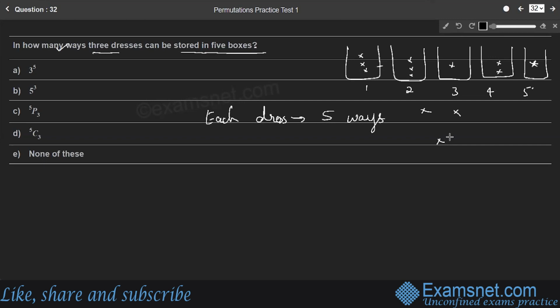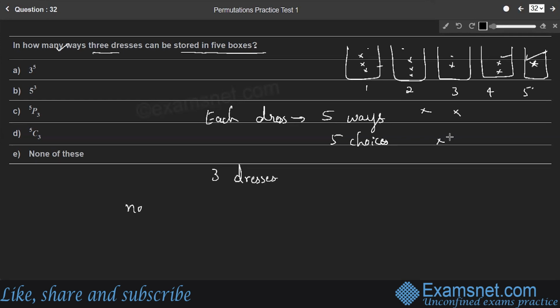Each dress can be stored in the first box, second box, third box, fourth box, or fifth box. So each dress has 5 possibilities. We can store in any box, right? There are 3 dresses here.